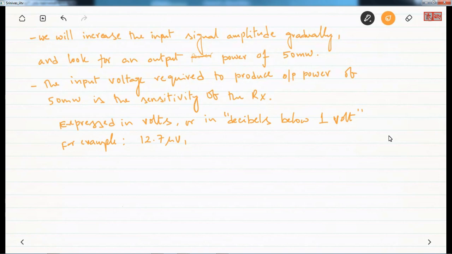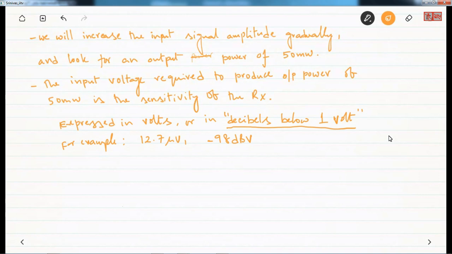When you convert that, it is equivalently minus 98 dB volt. So how do you compute dB volt? You compute it like this: decibels below 1 volt. So this 12.7 microvolt is below 1 volt, right? And how much is it below? That is minus 98 dB.